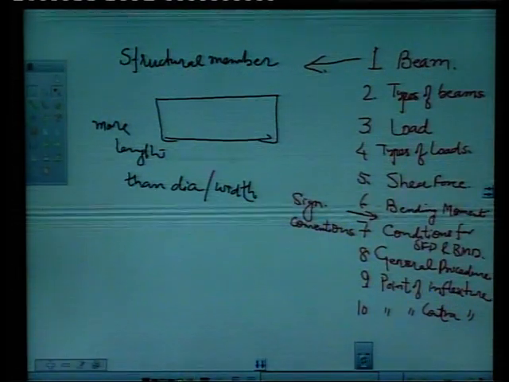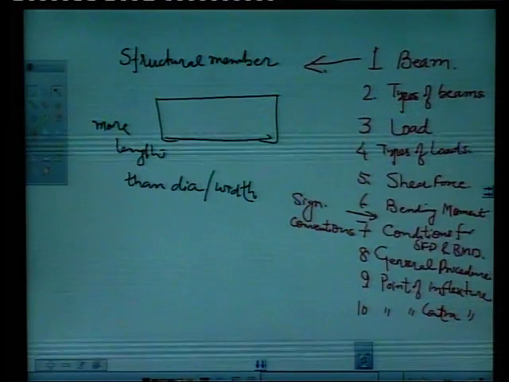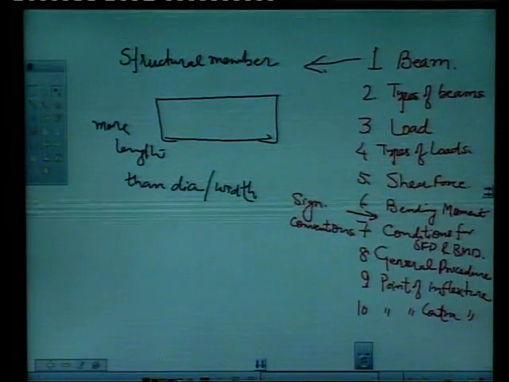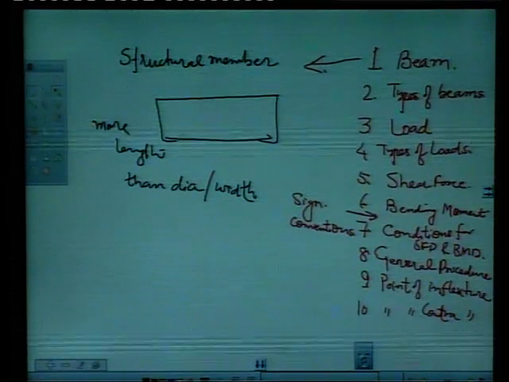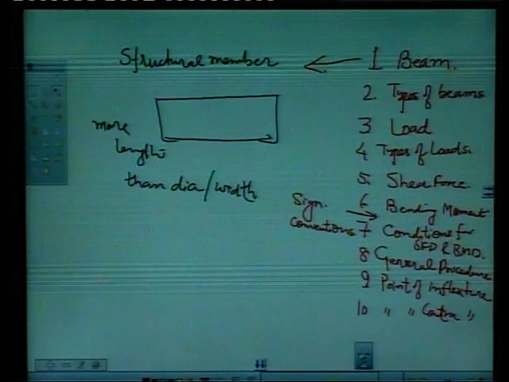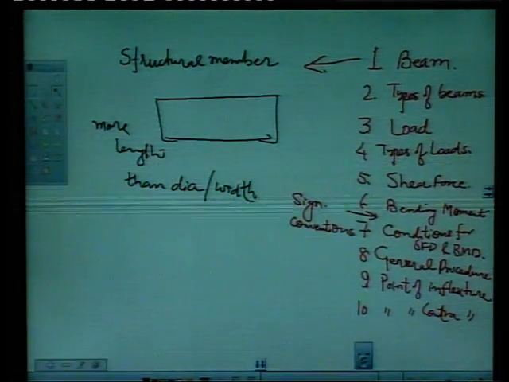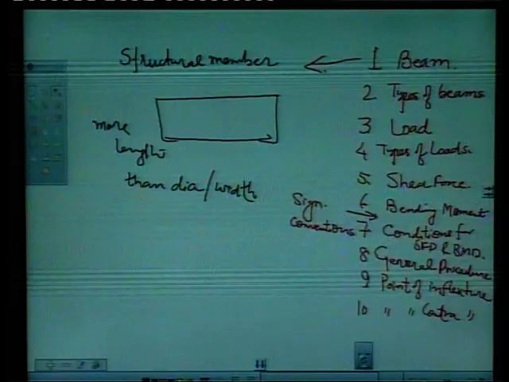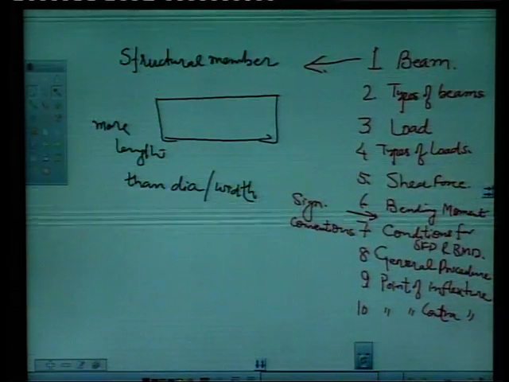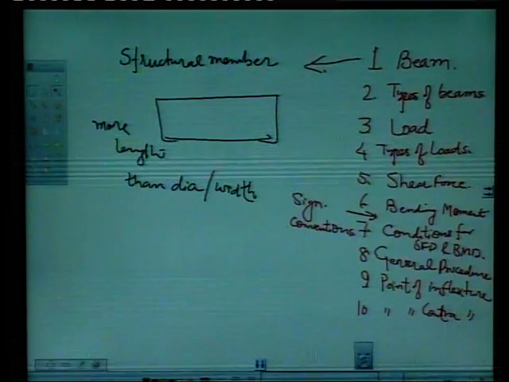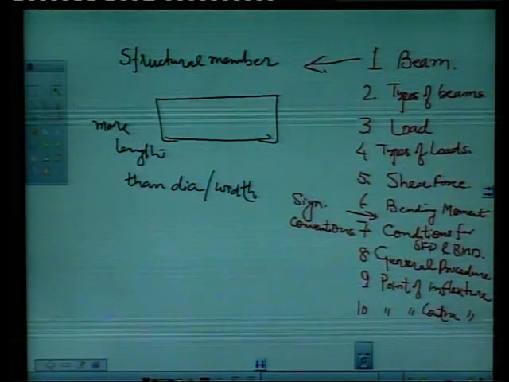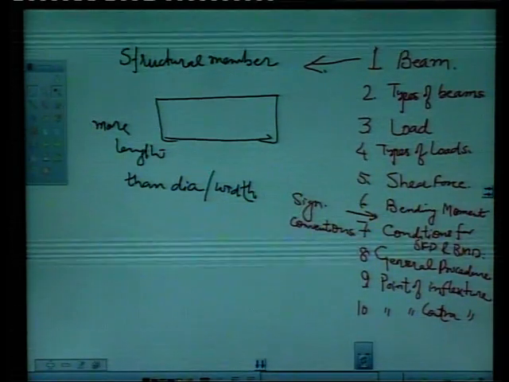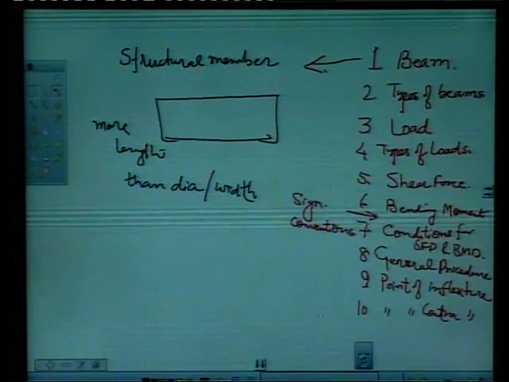This is a structural member, it is made from some material, that material may be a ferrous material, or maybe a civil engineering material like concrete, cement, etc. It may be made up from wood also, or from ferrous material like steel, iron, etc. So this is a structural member, this is called a beam. You have seen it anywhere, in any building, in your hostel room, in your house.